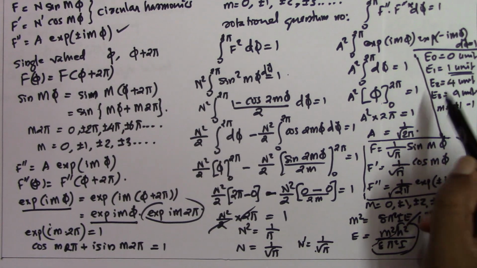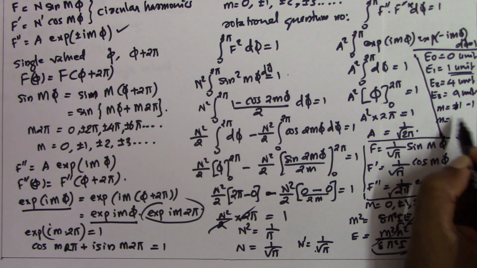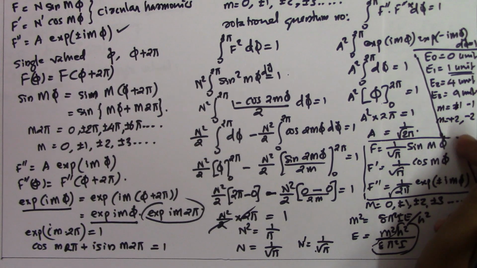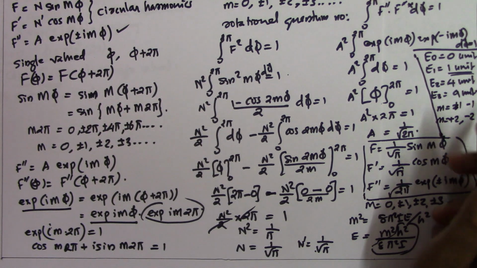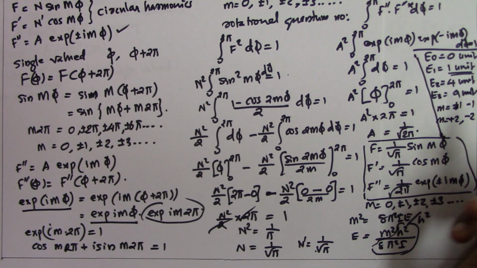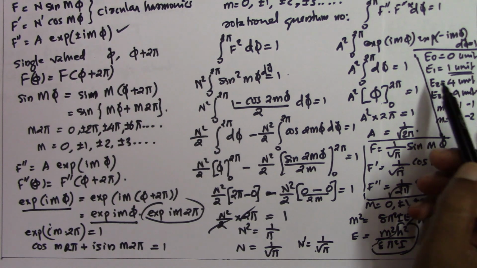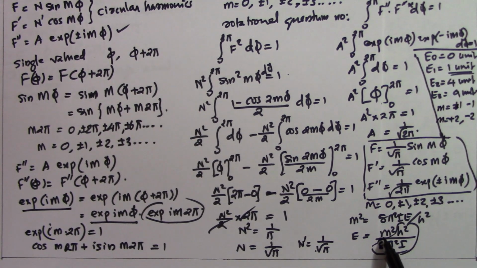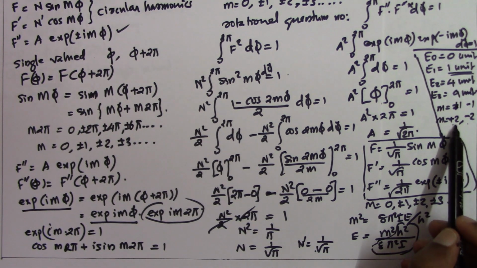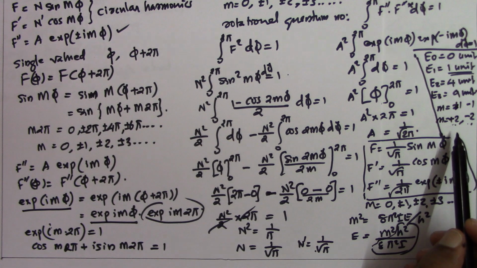And when m is equal to plus 2 and m is equal to minus 2, in both cases you have the same energy, because the square of plus 2 or minus 2 is equal to 4. So you have the energy equation, you have m square, therefore it doesn't matter whether m is plus or minus, it depends only on the absolute value of m. So for both quantum numbers, you will have the same energy.